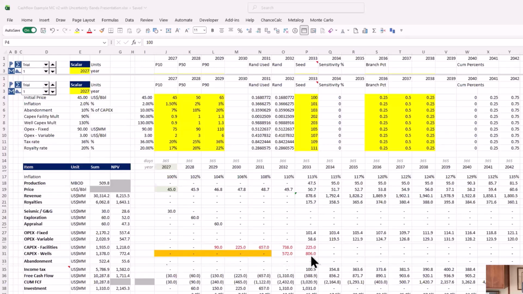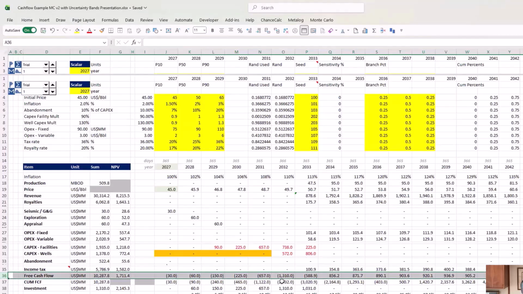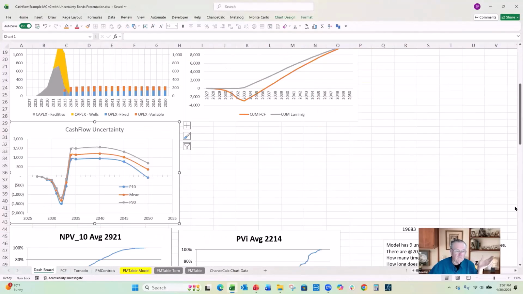And then there's some capital investment for wells, and that allows you to get the oil out of the ground, right? Really simple. And then I get a free cash flow down here. It's negative initially, and then it gets positive. That's why you want to take the NPV, right? Doing a financial model, what's the uncertainty of my cash flow? How much money am I going to have every year?